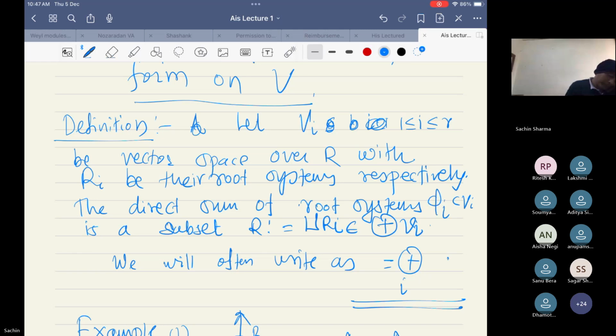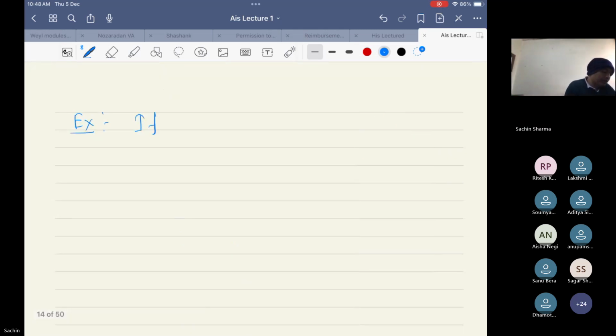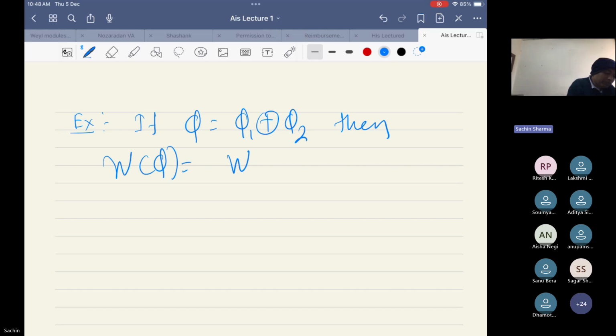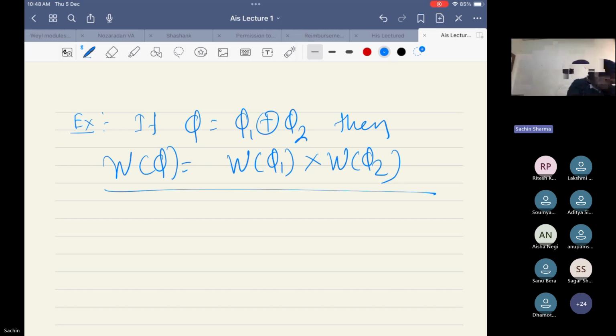This is phi_i. So if phi is equal to the direct sum of the phi_i, then Weyl groups turn out to be the direct product of the Weyl groups of those things, a very natural thing.